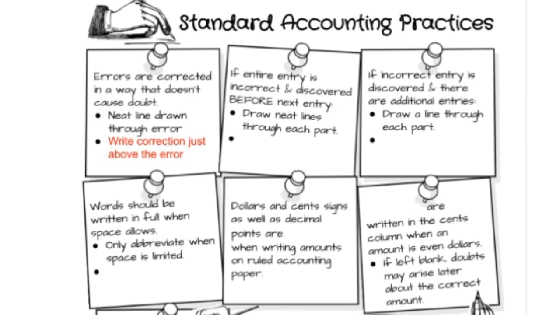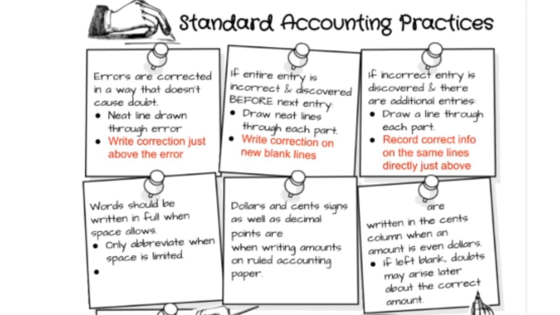If the entire entry is incorrect and discovered before the next entry, you can draw neat lines through each part of it and then write the correction on new blank lines. But if an incorrect entry is discovered and there are additional entries after that incorrect entry, you have to draw a line through each part and then record the correct info on the same lines directly above. You want to make sure that there are no doubts that it was a mistake and it was corrected.